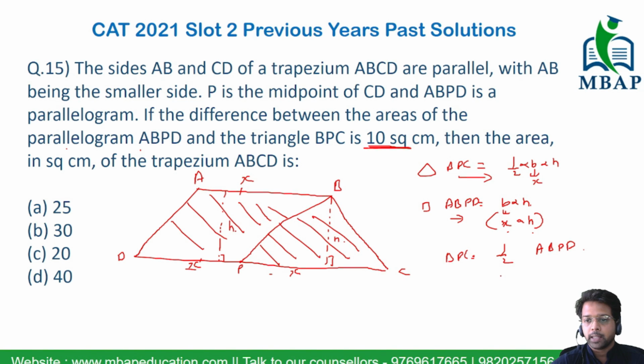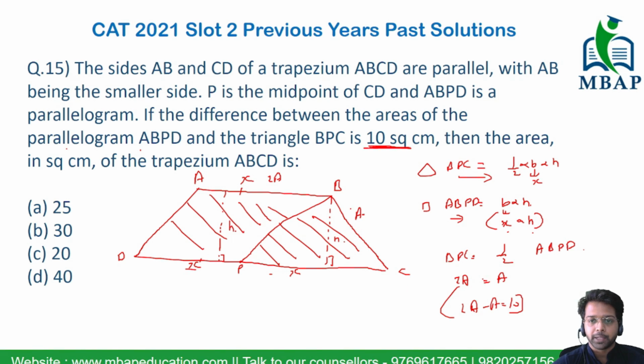Clear? And if I assume the parallelogram to be 2A, the triangle will become A in terms of area. And they have said that the difference is 10 square centimeter. So 2A minus A will be equal to 10.